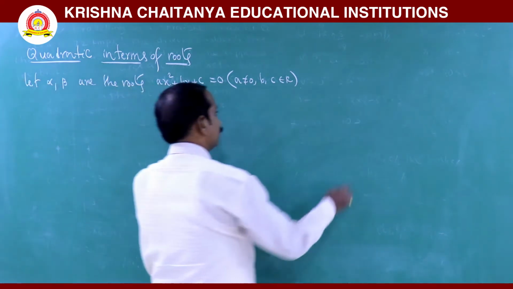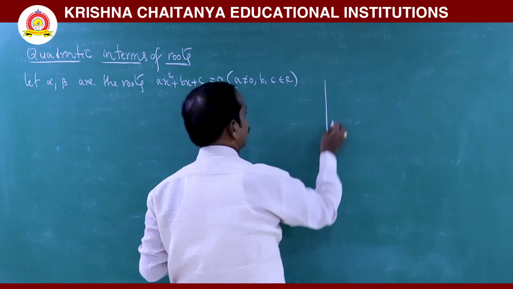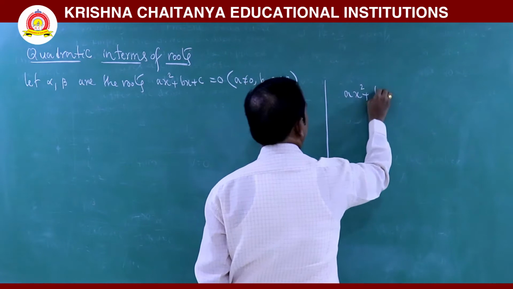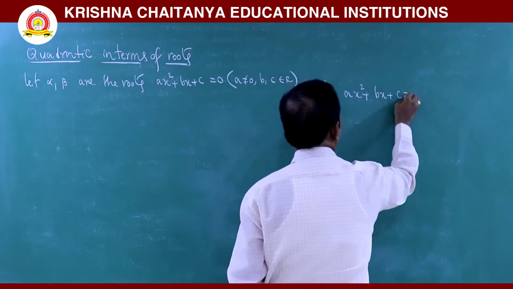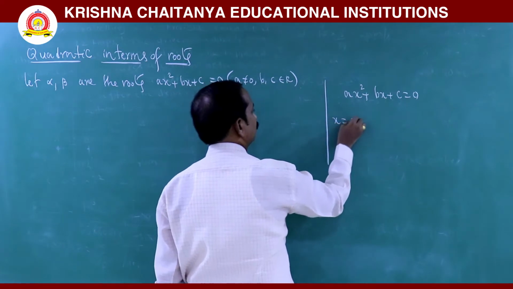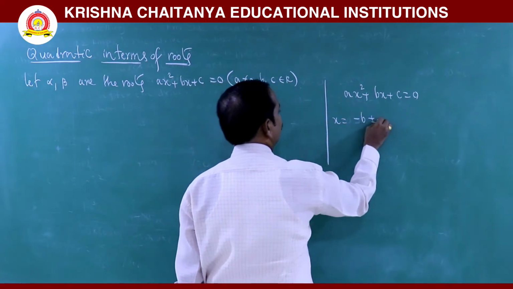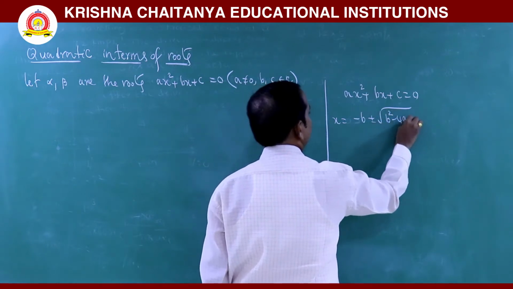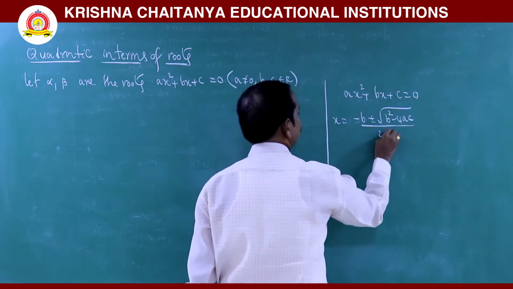Last class we know that for the quadratic equation ax square plus bx plus c is equal to 0, roots are x is equal to minus b plus or minus root over b square minus 4ac divided by 2a.